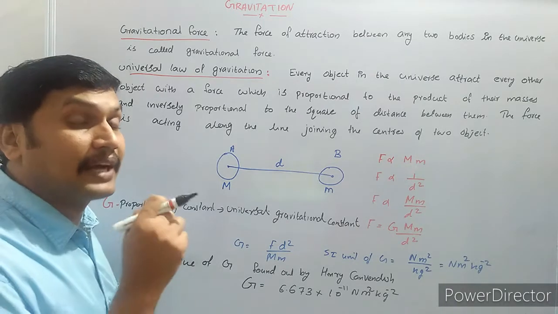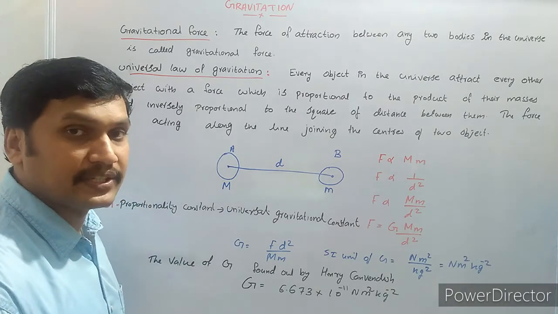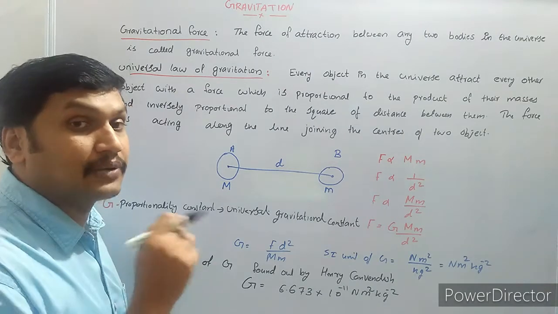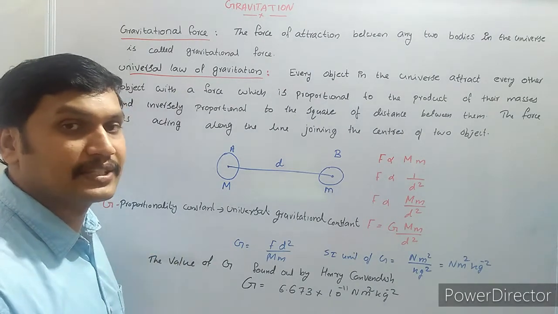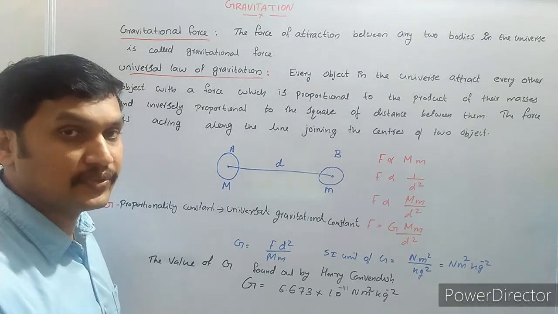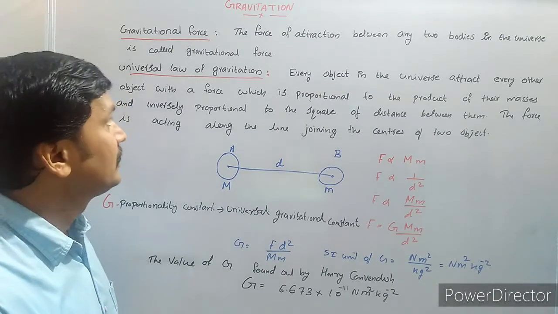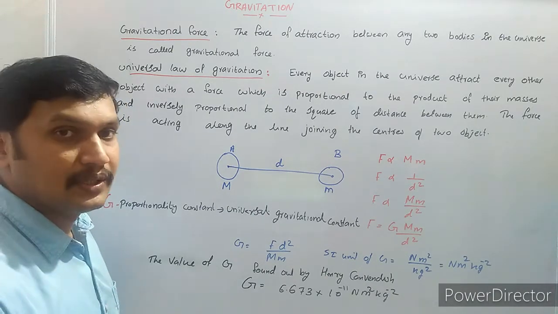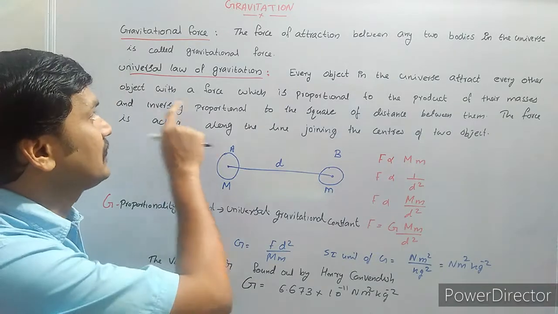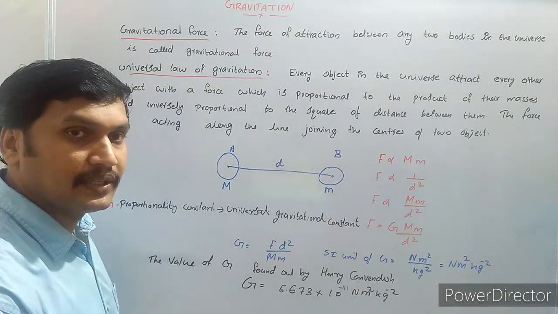And what is the magnitude of this gravitational force? In order to find the magnitude of this gravitational force, Sir Isaac Newton gave a law which is known as the universal law of gravitation.